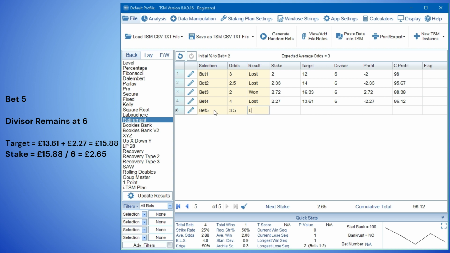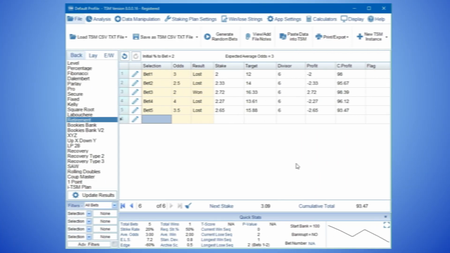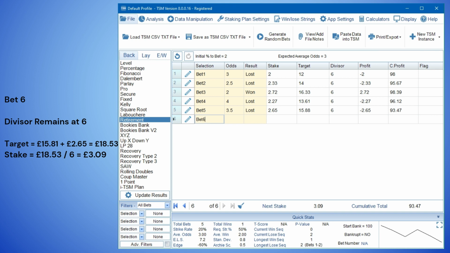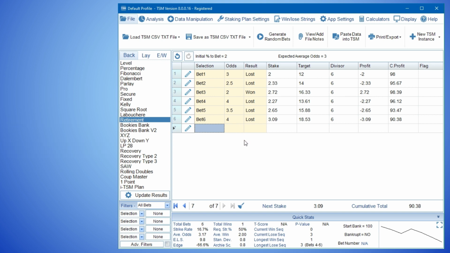Our stake is 15.88 divided by 6, which is equal to 2.65. Bet 5 loses. Bet 6. New target is 15.88 plus 2.65, which is equal to 18.53. New stake is 18.53 divided by 6, which is equal to 3.09. Bet 6 loses.